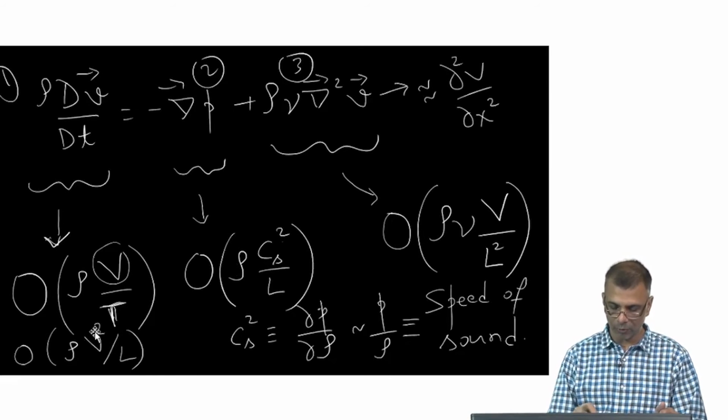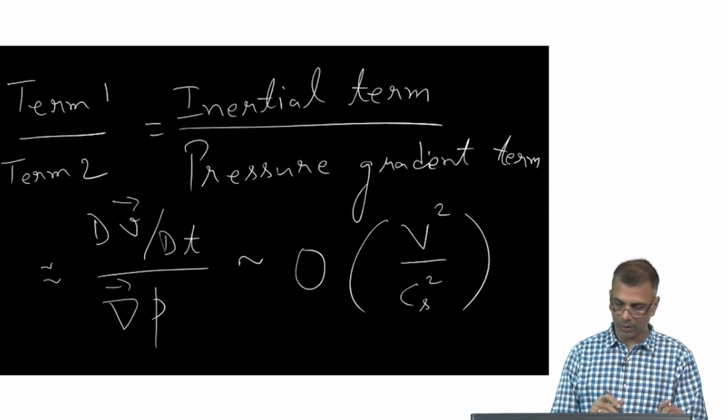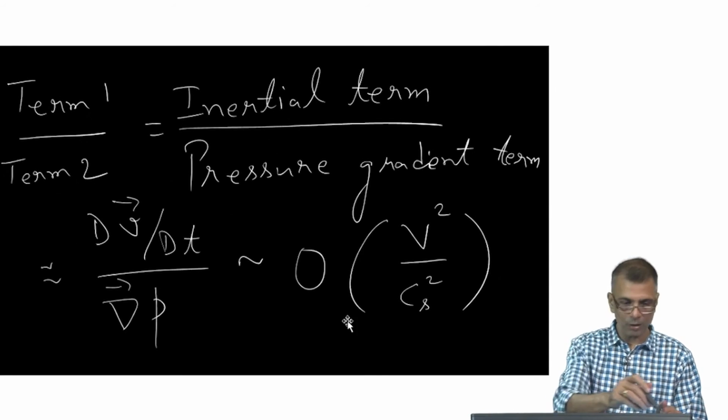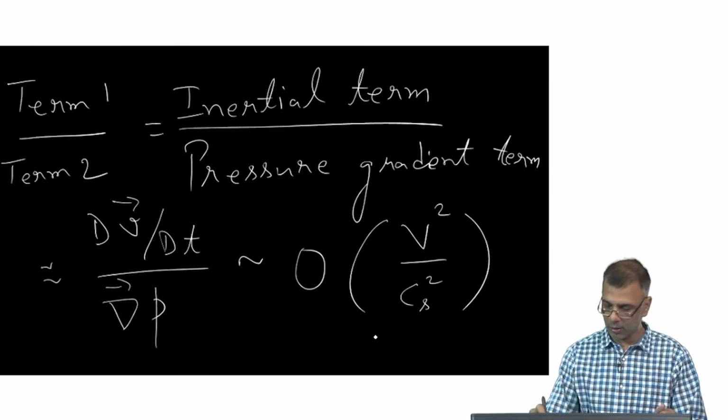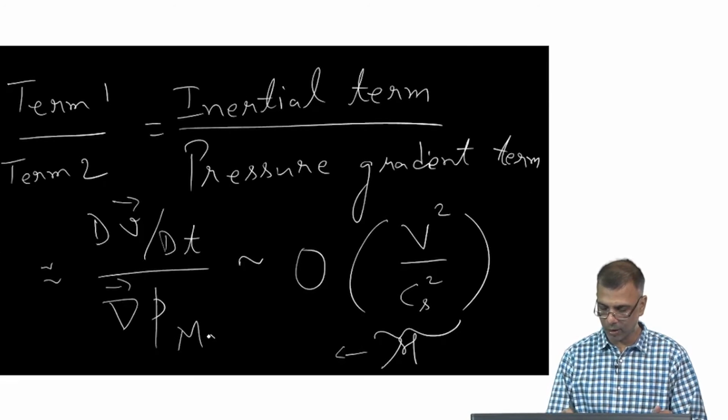So all you're left with is v squared over Cs squared. This very important quantity is often denoted by the letter M, and this is called the Mach number.